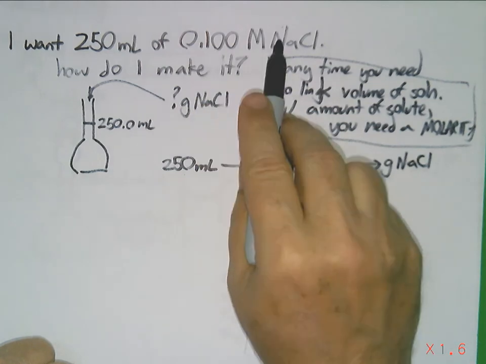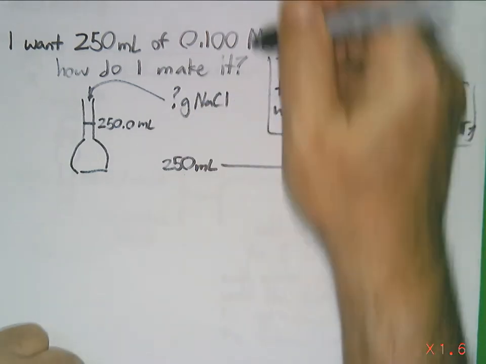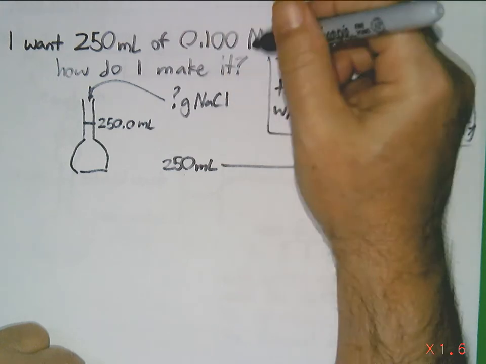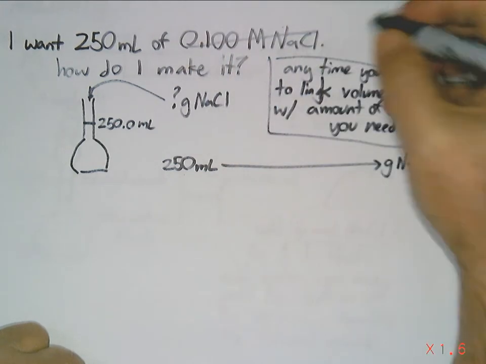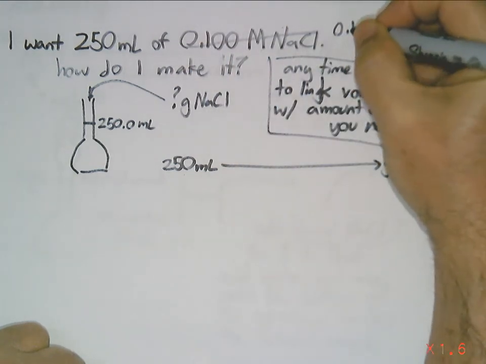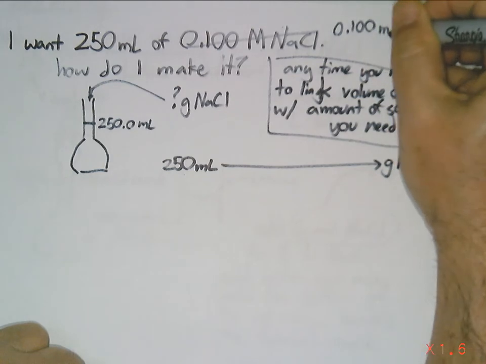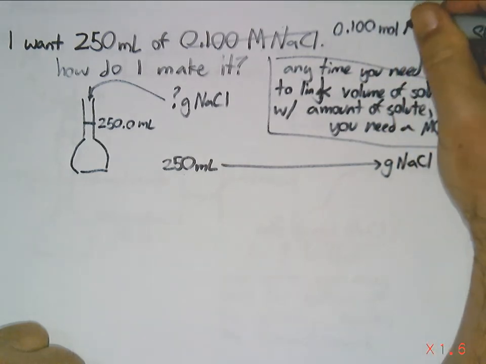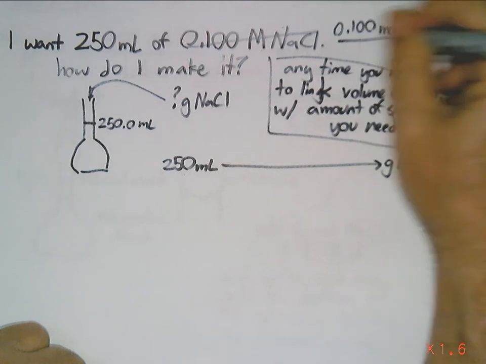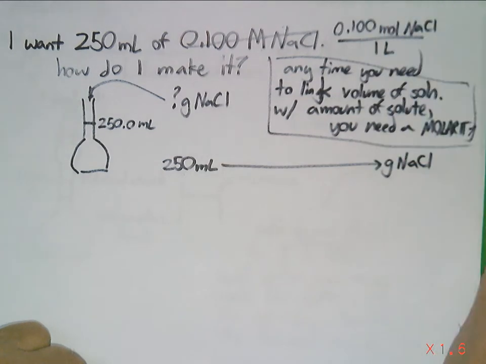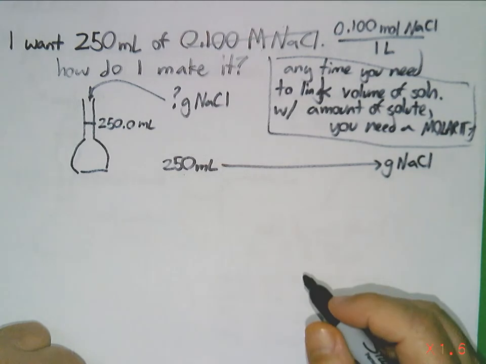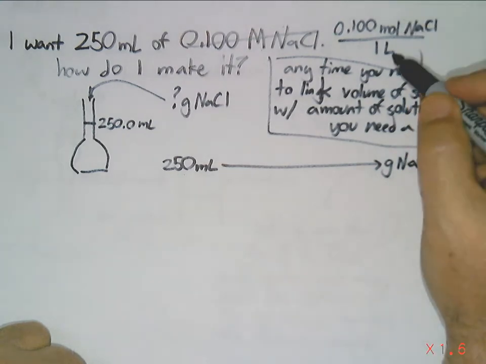If I look at this, remember I said the capital M you can cross out, and instead of writing it like this, write it like this. That's how many moles of NaCl are in a liter of solution. So this is a link between moles and liters.